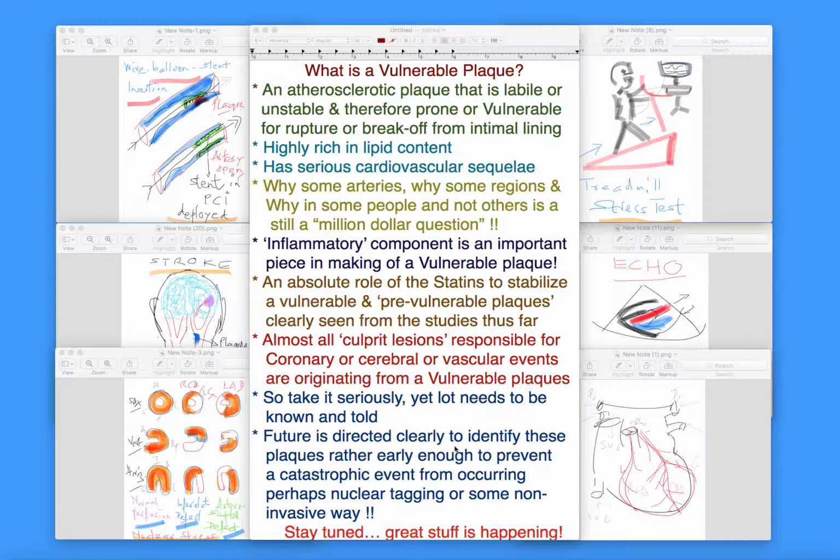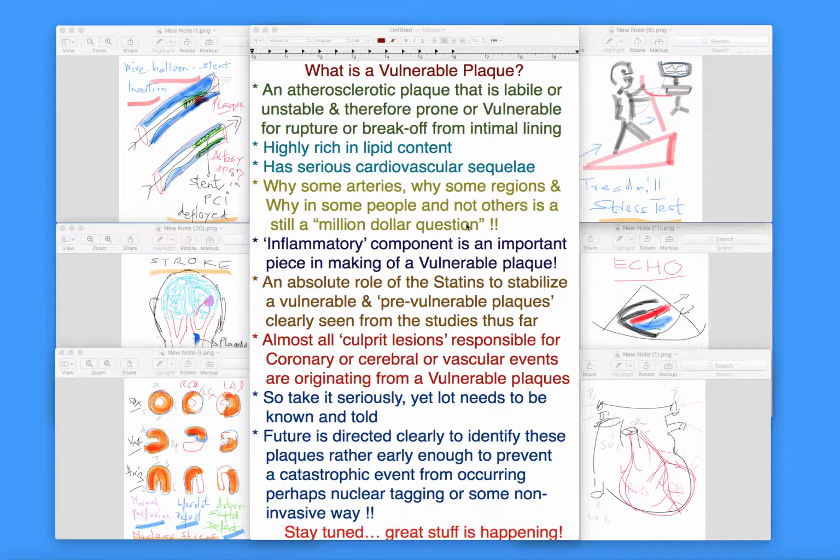So let's take it seriously, guys. These vulnerable plaques are very, very important, but also it's one of the most intriguing areas in cardiology even today amongst all cardiologists across the globe, and people are starting to understand this vulnerability of the plaques so interestingly.